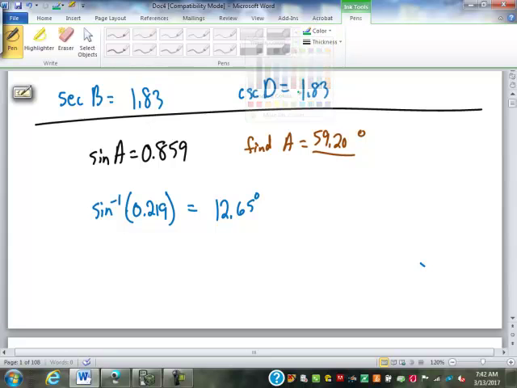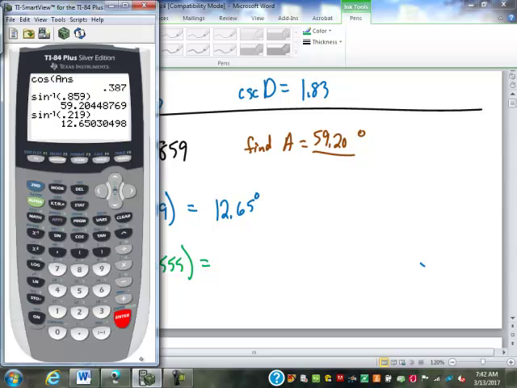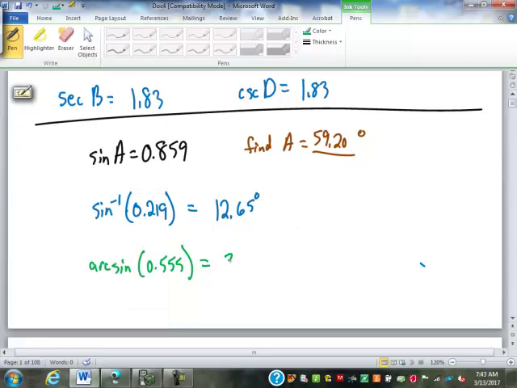And a third notation that could be used there, remember we mentioned the arc sine. Arc sine of 0.555 is the exact same thing. It's saying do the inverse sine, second sine 0.555. So 33.71 degrees.